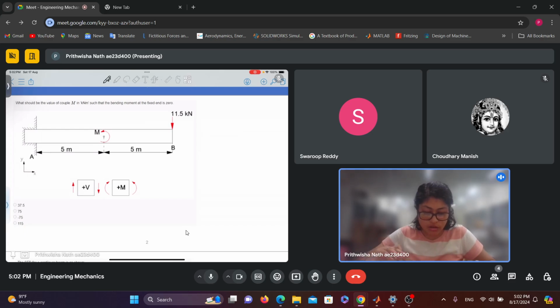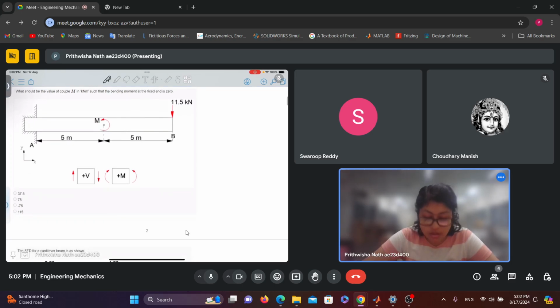What should be the value of couple M in kilonewton meter such that the bending moment at the fixed end is 0? And the sign convention that should be followed for this problem is mentioned. So, can you first try this problem? You need to find the value of M such that the bending moment at the fixed end is 0.